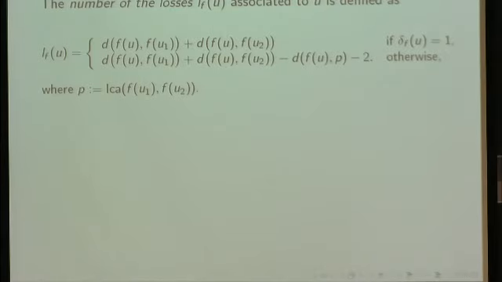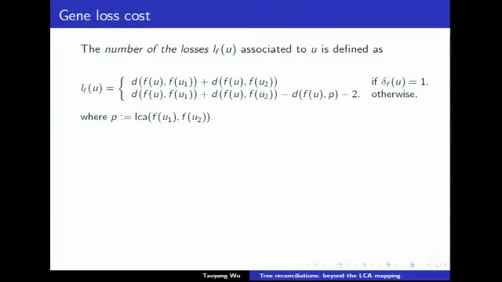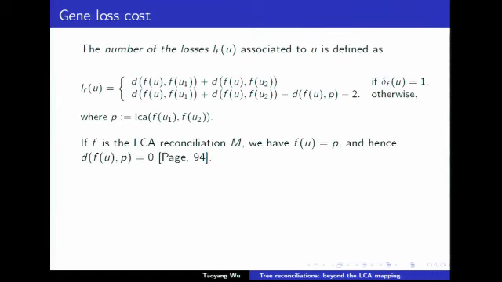Similarly, we can do this for the gene loss cost, which is slightly more complicated, because we have to think about two cases: either U has a duplication, or U doesn't have a duplication. And if F is the LCA map, then this P, the common ancestor of FU1 and FU2, is equal to the previous definition.